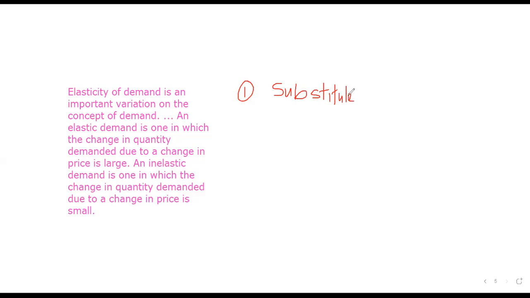Bread and candolo, yes. So what happens if the price of bread goes up? You start buying candolo. You buy more of candolo, yes. The aspect of switching from bread to candolo is called the substitution effect.